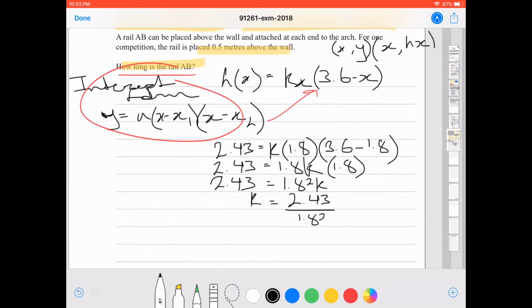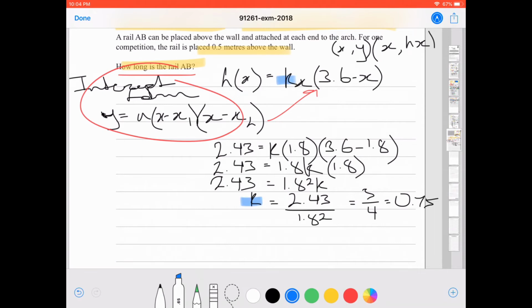Okay, 2.43 over 1.8 squared equals 3/4 here. So basically 3/4, or you could say 0.75. Okay, we've got our value for k. We can substitute it into our original equation.